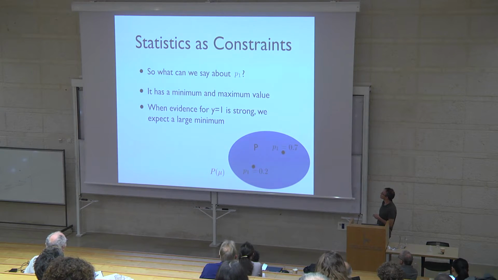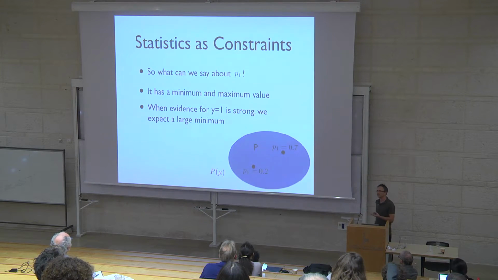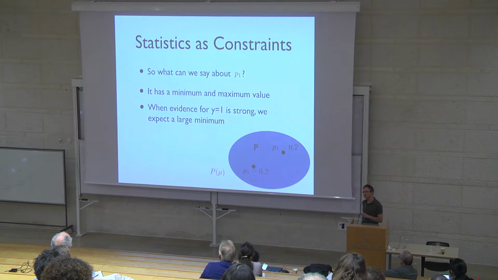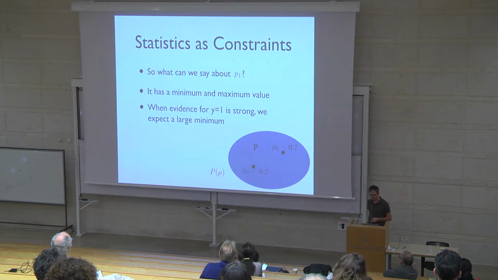If I tell you that the probability of y equals 1 given your x's is at least 0.95, you'll be pretty confident in labeling it with 1, right? So we're going to look at minimum conditional distributions, and if these are large, this would be a good reason to actually believe this label.